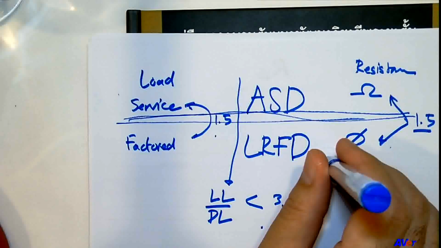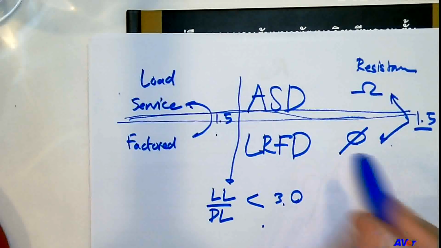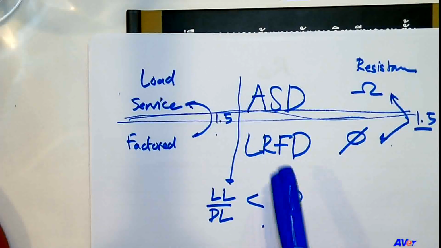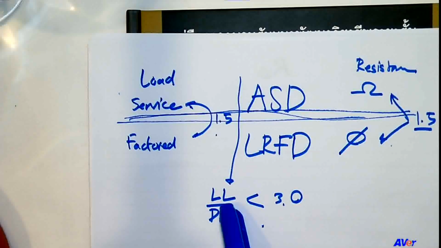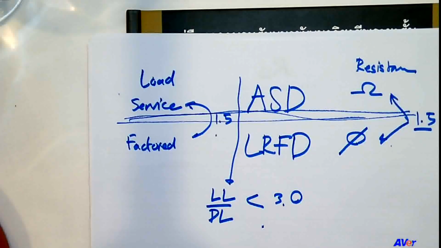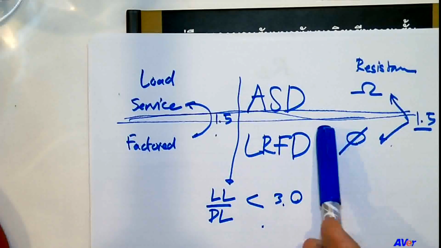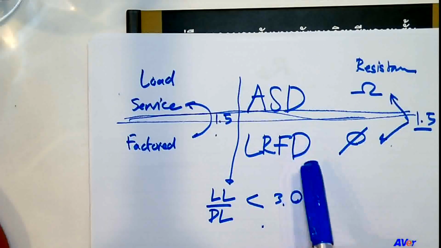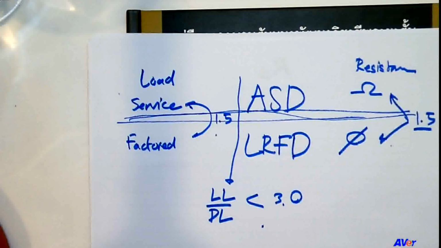So we don't have that for steel in Thailand. But you now know that as long as the ratio of the live load and dead load is not more than 3, it doesn't matter which one you use. And you can still use ASD just fine. And you will perfectly abide by the law and the Act of Thailand, the Building Act of Thailand.